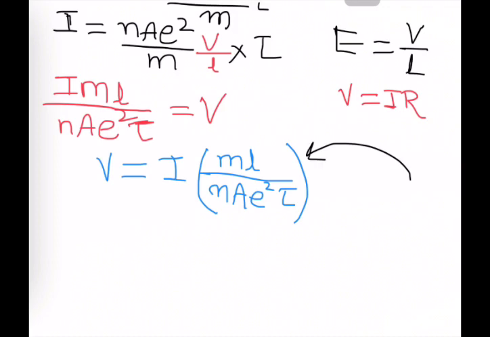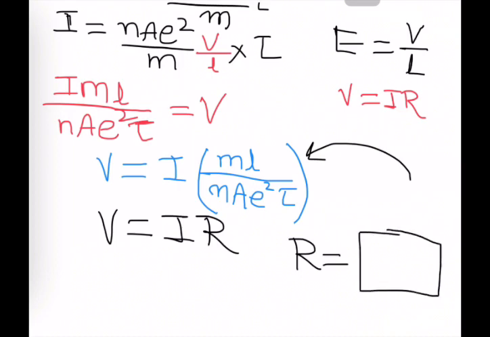The mass of the electron is constant, the length of the conductor is constant, the number of electrons per unit volume is constant, the area of cross section and charge on the electron are constant, and the relaxation time is constant at a given temperature. So replace those constants by the resistance of the wire. Hence V is equal to I into R, where R is given by this expression.